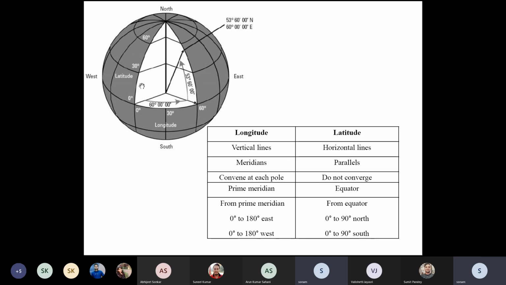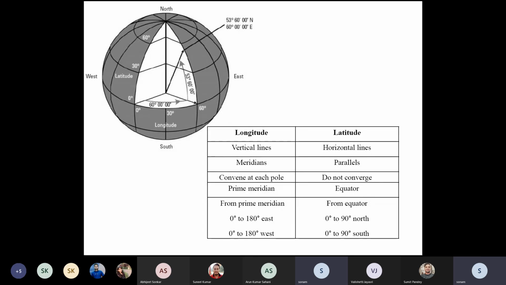Prime meridian is one of the standard meridians, although it can be taken anywhere. It is an arbitrary meridian, but in most places, the meridian and longitude, both are the same things. The meridian that passes through Greenwich, England, through the Royal Observatory of Greenwich, that particular meridian is called the prime meridian.